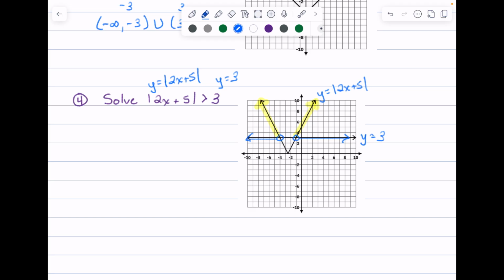And so the answer here would be x is less than -4, or x is greater than -1. Remember, we are not plotting the y values that we're getting. We're plotting the x values of those intersecting points. So the graph would look just like you see already on the screen.